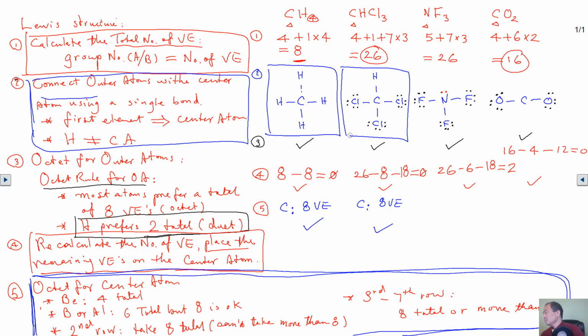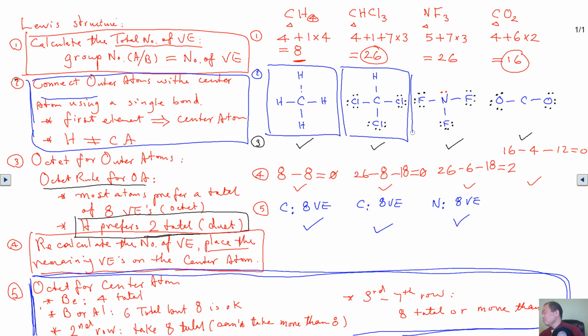Okay, let's look at the third example for nitrogen. Okay, how many valence electrons does it have? Nitrogen has 1, 2, 3 single bonds. That gives you 6 electrons plus 2 dots. So that's 8 valence electrons. Hey, looks like this also has octet satisfied.